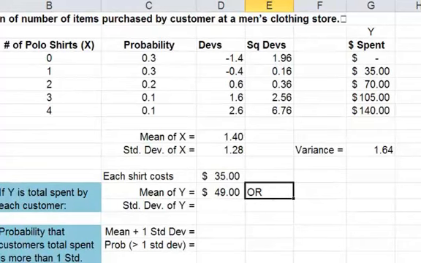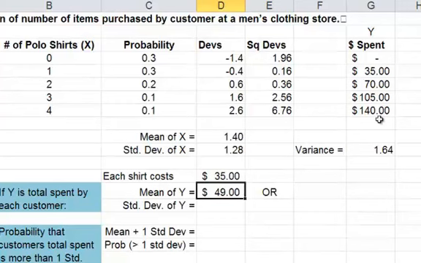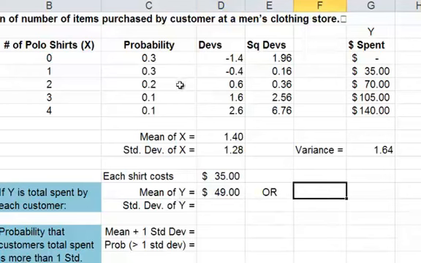Instead of calculating my expected value by using the sum product formula, first calculating this new variable y, dollars spent, and then finding the expected value, I could simply have said, if my expected value of the number of shirts purchased is 1.4, and each shirt costs $35, then my expected value of the dollars spent is just going to be that expected value of the number of shirts purchased multiplied by the cost of each shirt. And I get, once again, exactly $49.